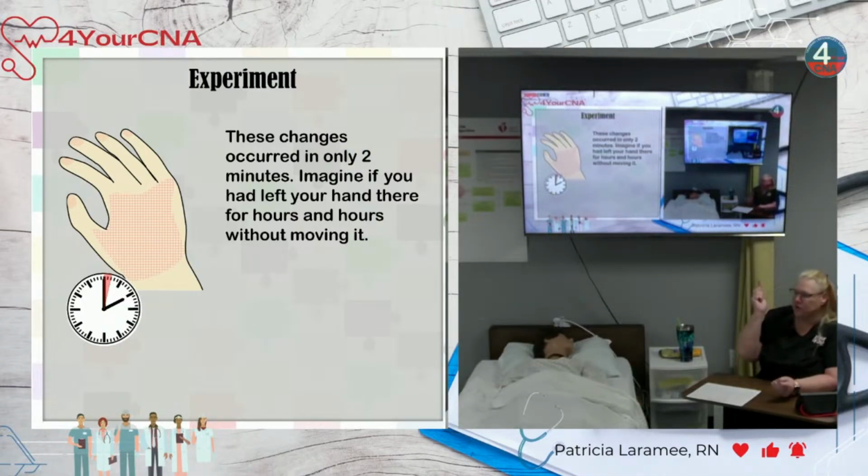Long-term care knows the risks here. So if we have somebody in a nursing home that can't move on their own, long-term care is pretty good about turning them because we don't want bed sores. Do you know the number one place where bed sores occur? Anybody know? The hospital. Yep.